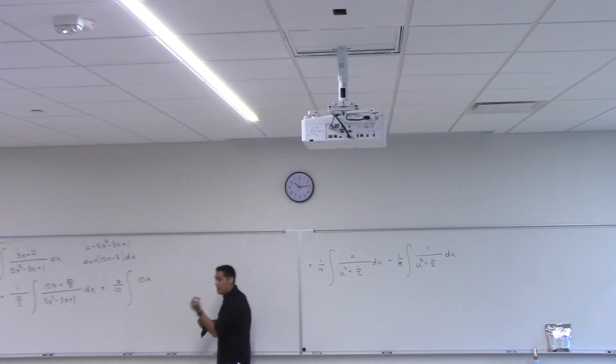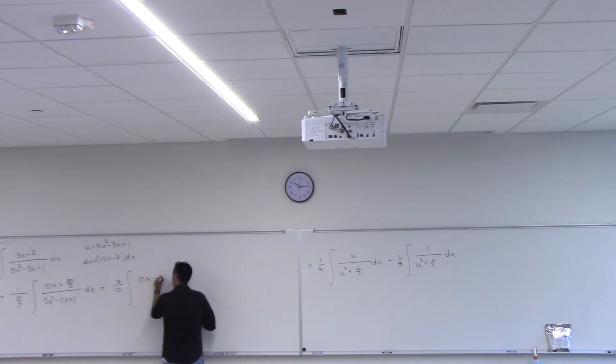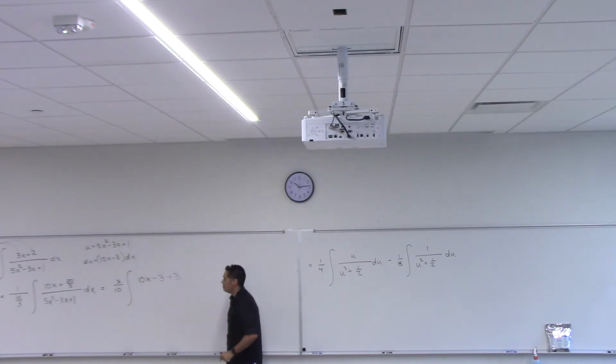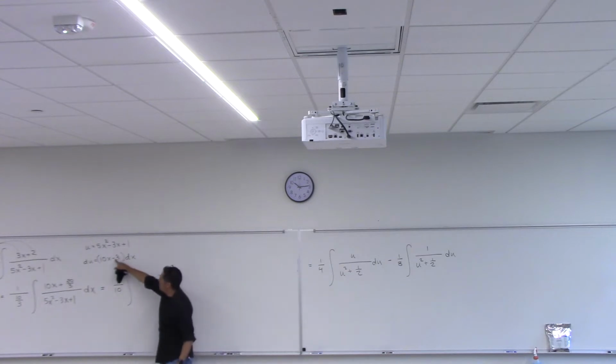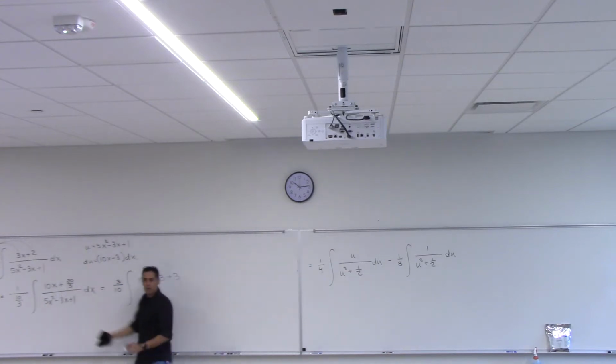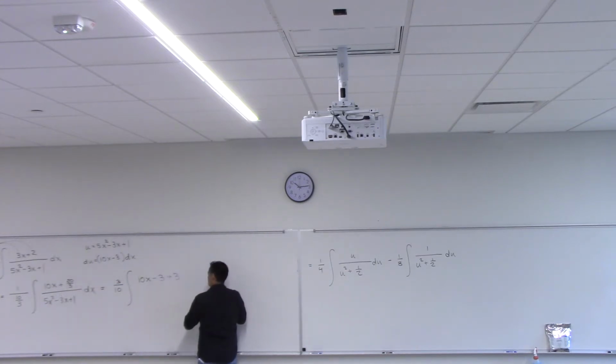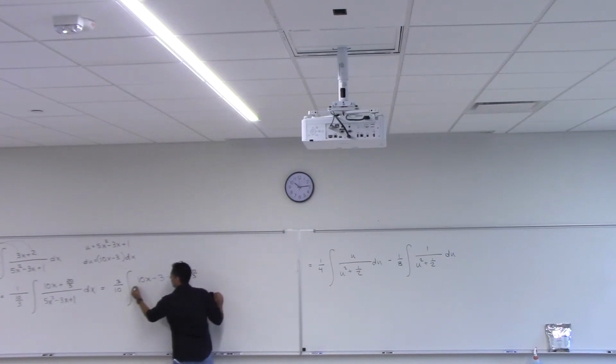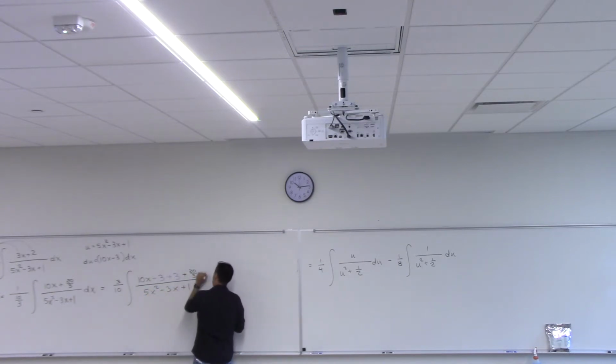So I'm going to put minus 3, and then I'm going to put plus 3. That's my hidden 0. That will make it match with this. But then I still have plus 20 over 3, (5x squared minus 3x plus 1) dx.